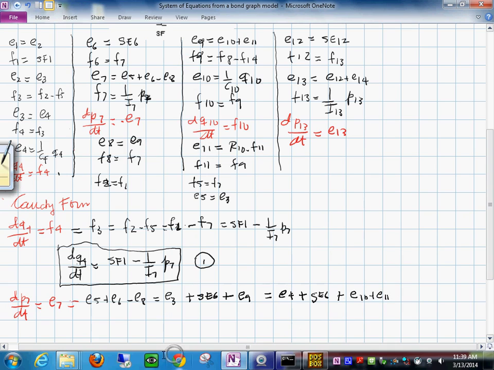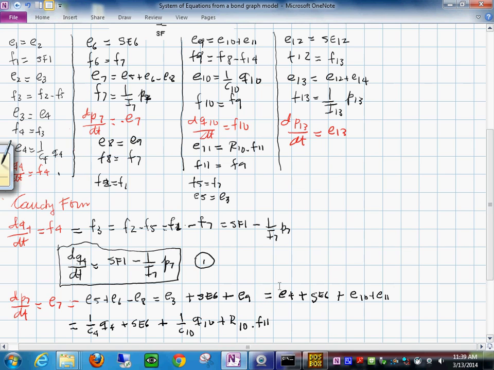Yeah. So in here you're gonna have, what is E4? 1 over C sub 4 Q sub 4 plus SE6 plus E10, which is E sub 10 is 1 over C sub 10 Q sub 10 from here, and then E11, which is plus R sub 10 times F11, or is R11?